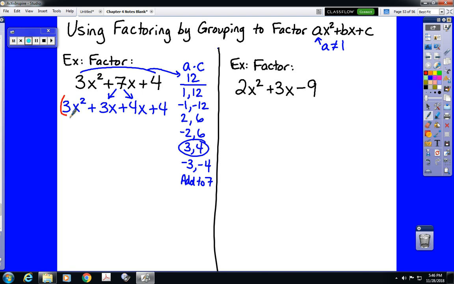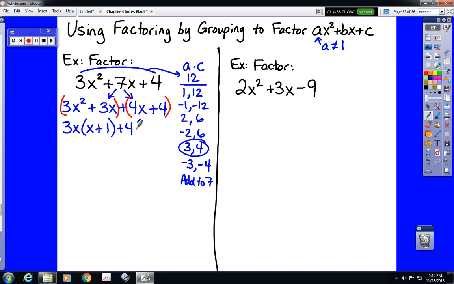So, like I said, we're going to factor this by grouping. We group the first two and group the second two and factor out the greatest common factor. For the first set of parentheses, the greatest common factor would be 3x. That would leave x plus 1.